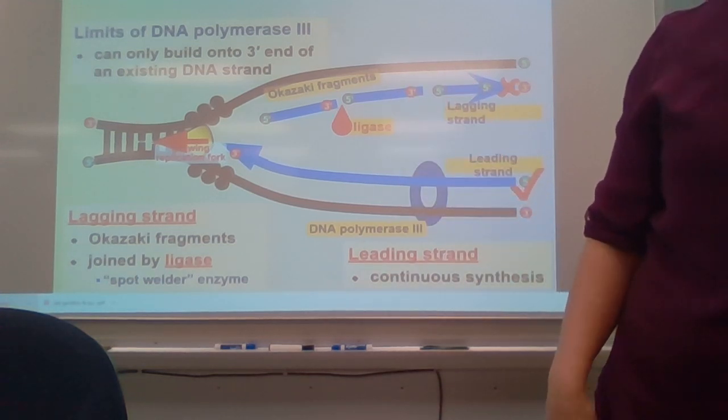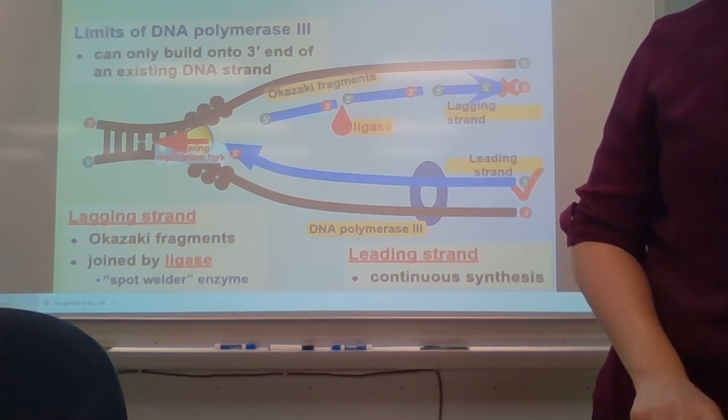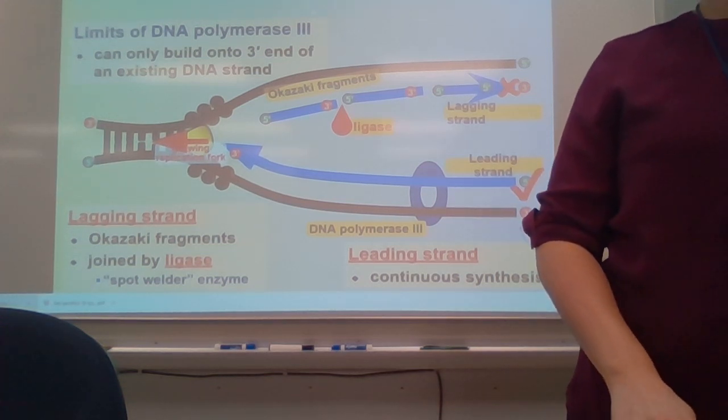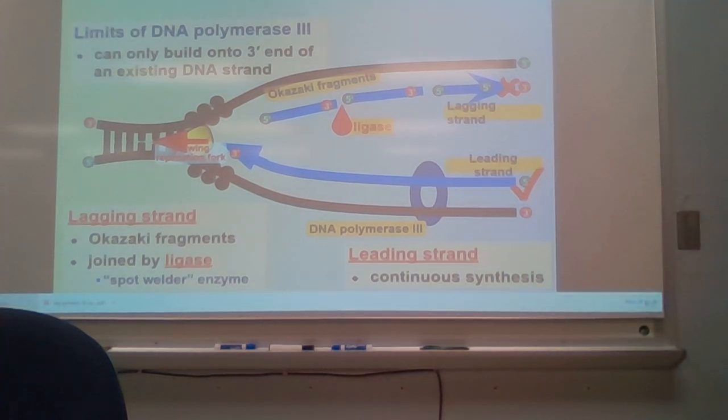What does it do? I'm not actually sure, I'd have to look it up. I'm guessing it builds DNA. We don't have DNA polymerase 2, but other organisms do, so we don't talk about it generally.